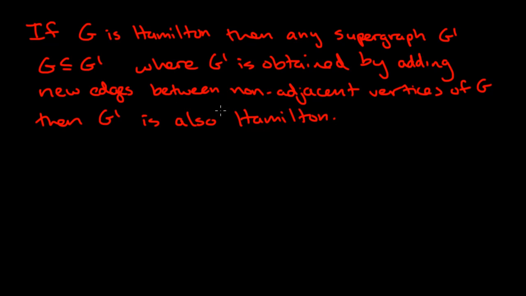And that is very straightforward because the Hamilton cycle that worked for G will still work for G prime. There are no new vertices that we have to worry about.